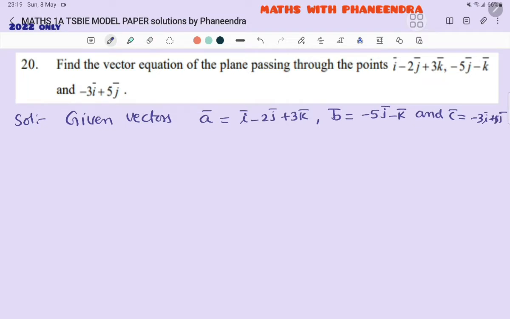So the vector equation of plane, the formula we write it for this.